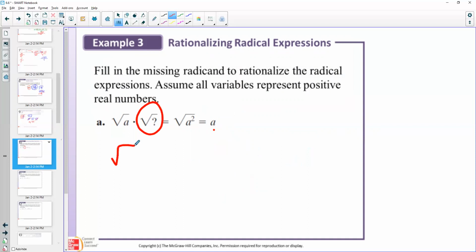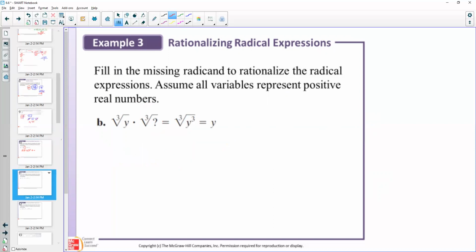Well, if I had another a, that would turn into radical a squared, which is the same as a. So the idea of rationalization is that you're trying to multiply something into the puzzle that will let you simplify away the radical.